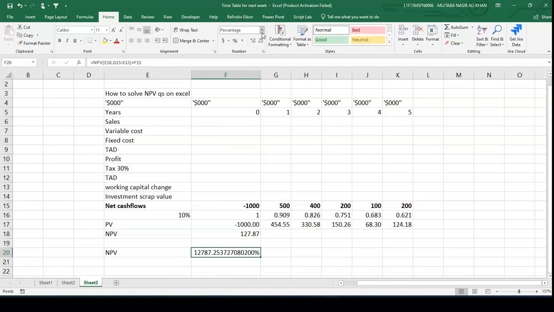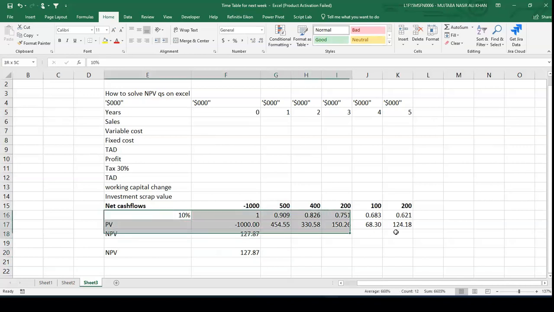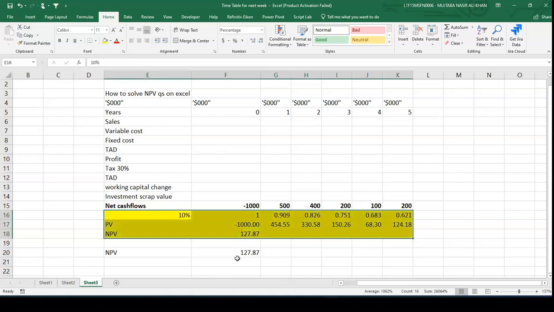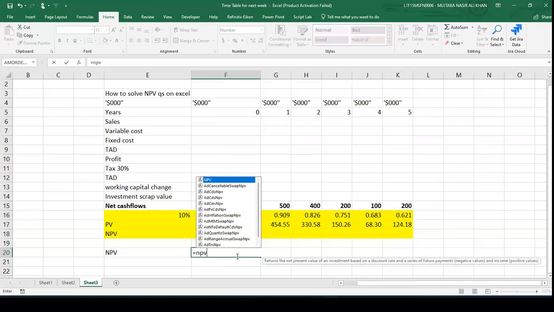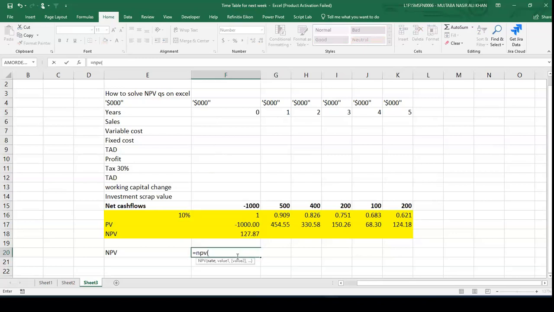So let me correct it: 127.87. So why is there a need of doing so many steps if I can simply write one formula that is equal to NPV bracket start rate 10%, comma, select all cash flows from year 1 onwards plus the initial investment.